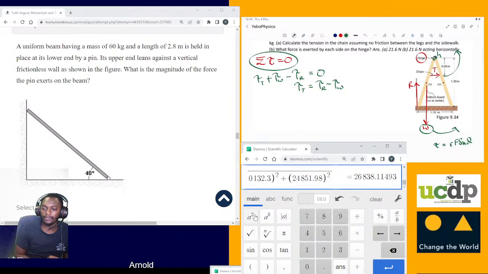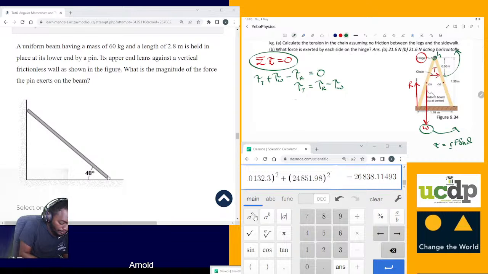Right, so what do we do next? We now have to find the distances, the perpendicular distances. Since we don't seem to have any angles there, for perpendicular distances, right?